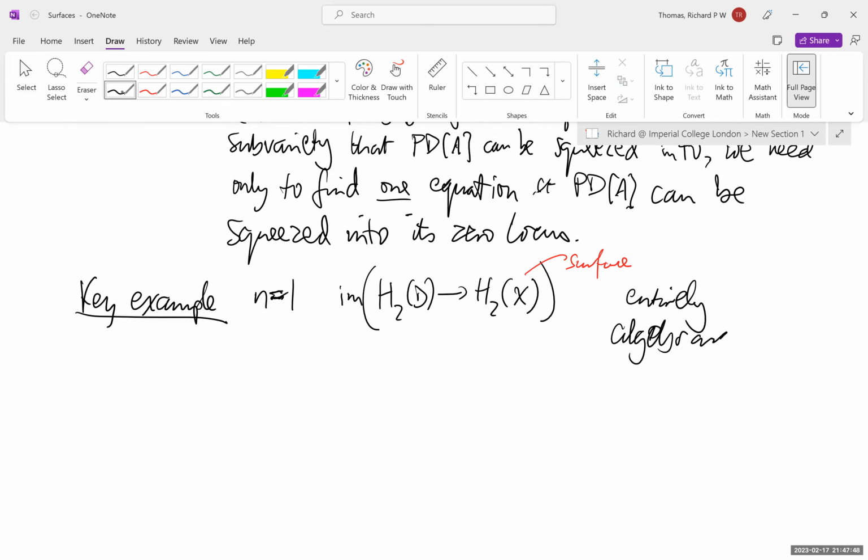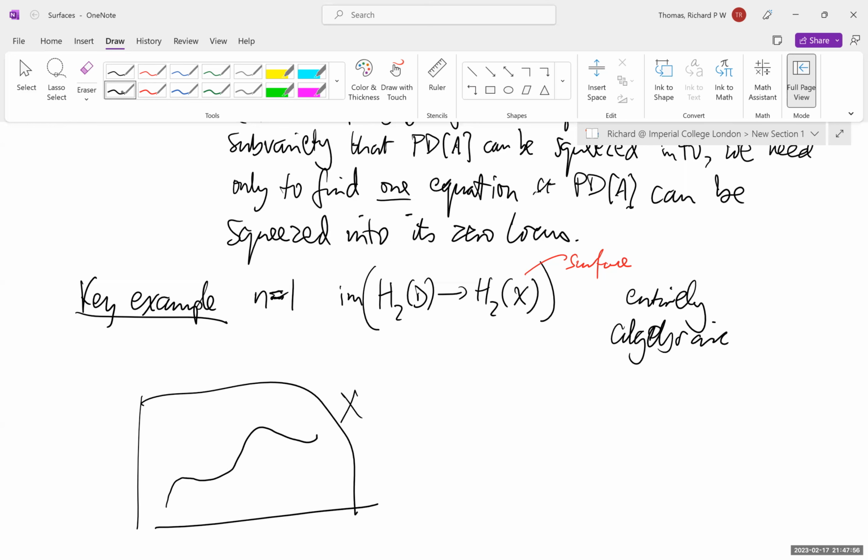So I'll draw a picture. So here's my surface X, and here's my D. Maybe it'll have irreducible components. I've drawn two in this case. So D here is the union of D1 and D2. Okay, so in this case, basically what happens is, if D was smooth, or in fact even irreducible, then the image of H_2 of D in H_2 of X would just be the fundamental class of D and its multiples.